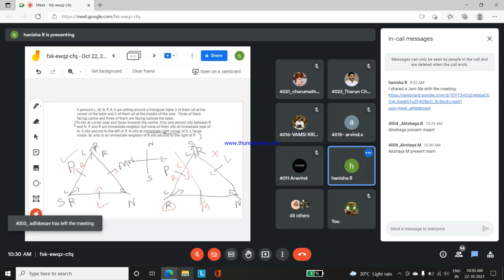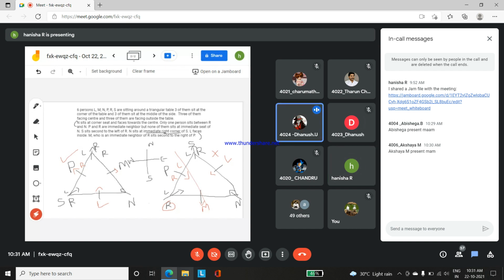Chandru, present, ma'am. Dhanush, present, ma'am. Dinesh, present, ma'am. Gokula Krishnan, present, ma'am.